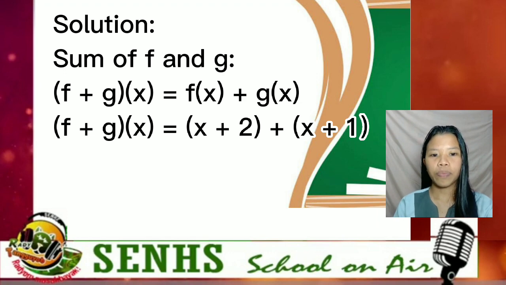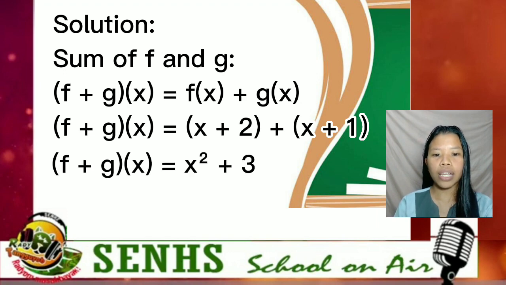That is, f of x is equal to x plus 2 and g of x is equal to x plus 1. So f plus g of x is equal to x plus 2 plus x plus 1. That gives us 2x plus 3. So therefore, f plus g of x is equal to 2x plus 3.